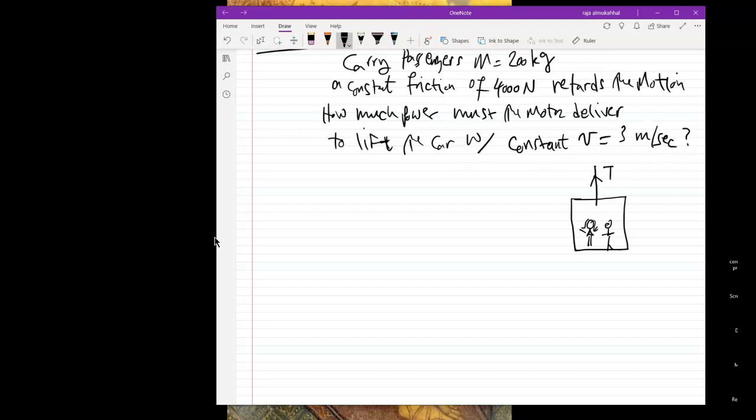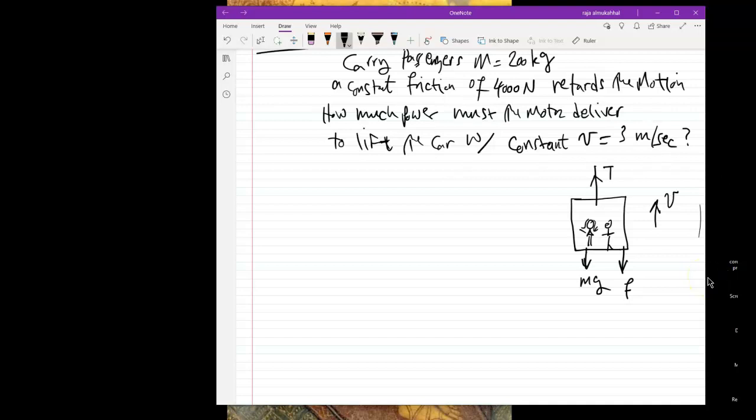So the cable with a tension T, the total mass of the elevator, we're going to call it mg. And then there is a retarding motion. Well, that's friction. So I'm just going to call it friction. It's always opposite the motion. Here is the velocity, or the direction of the motion. You see what I'm saying? Okay, so there we go. Here's a picture for us. So the elevator is going with this velocity, 3 meters per second.